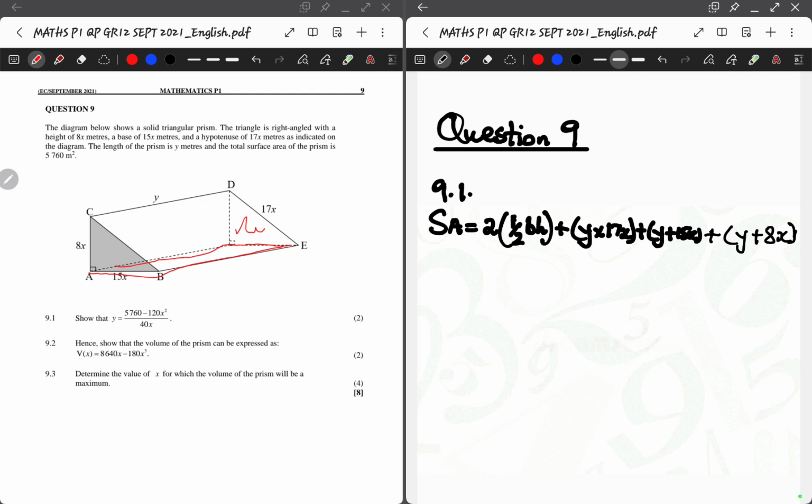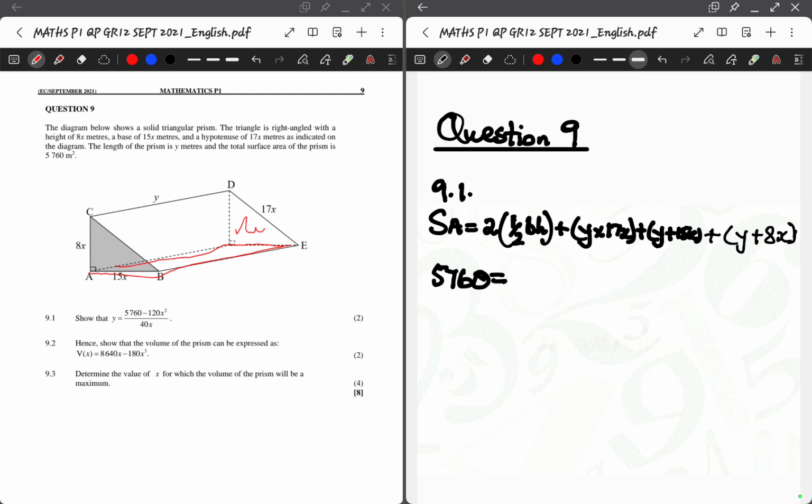Okay, this is what we have. So surface area is 5760 equals half base times height. 2 will cancel 2, as you can see.